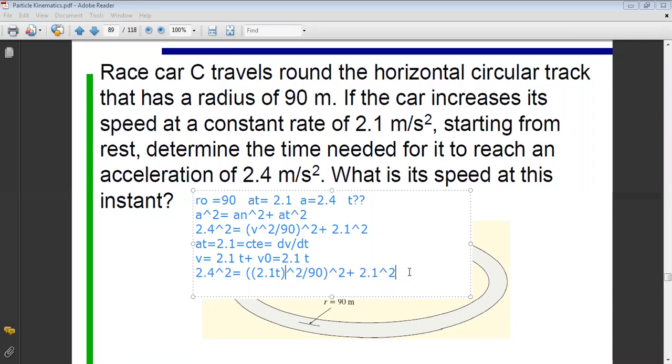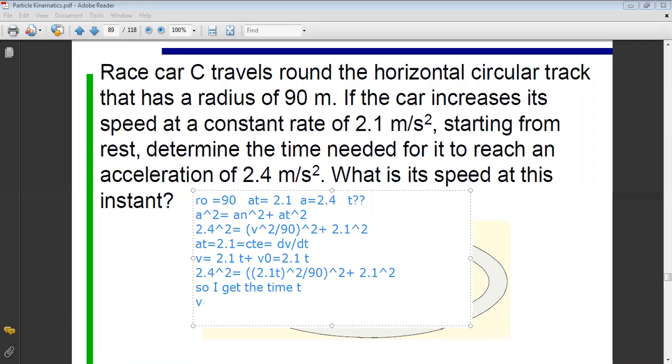So I get the time t. Okay? And then once I get t, I can calculate the speed, because after I know the time, I can replace back into v, v equal to 2.1 t. So I calculate the speed.